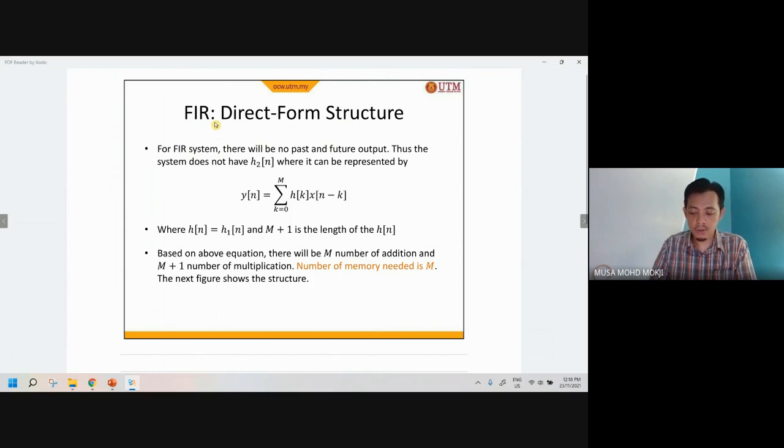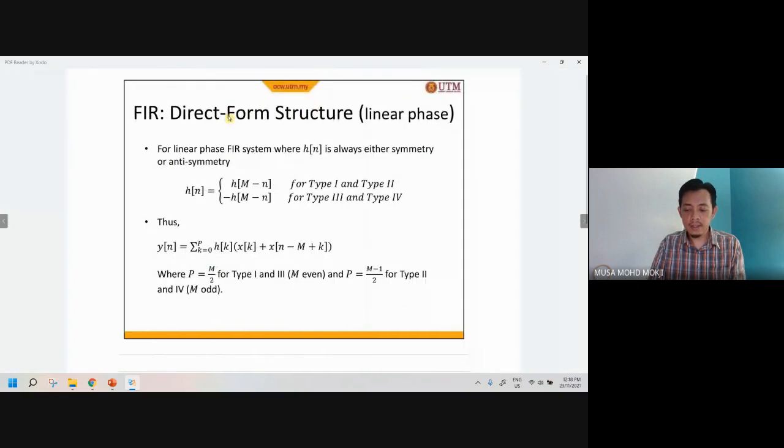For FIR, we're going to look at two structures. This is one, direct form. The other one is a direct form structure, a linear phase, or we can call it a linear phase direct form structure. So what is a linear phase? We're going to look into that in detail later. For now, we just need to know that there is an FIR system which we call linear phase.